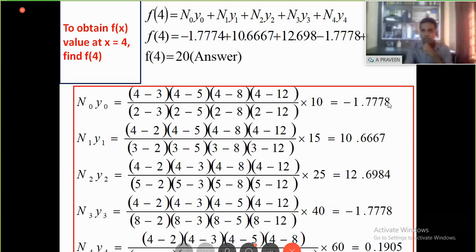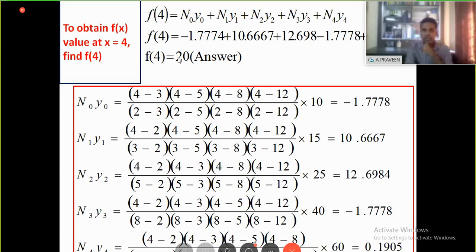So the terms are n0 y0 is minus 1.774, n1 y1 is 10.667, n2 y2 is 12.698, n3 y3 is minus 1.778, and n4 y4 is 0.91905.